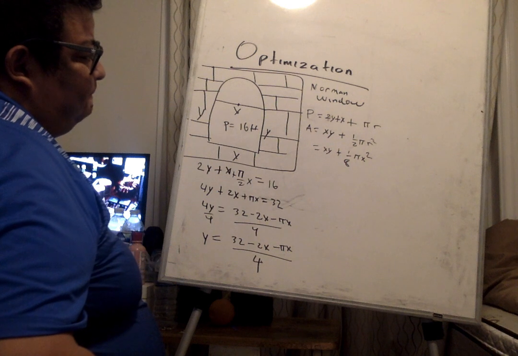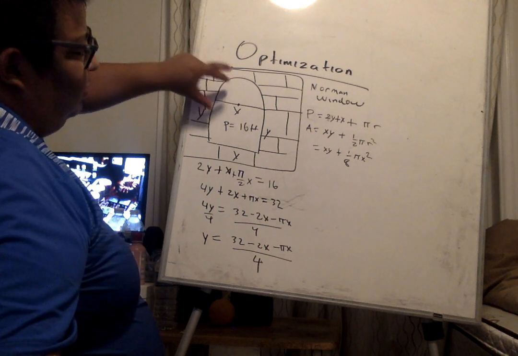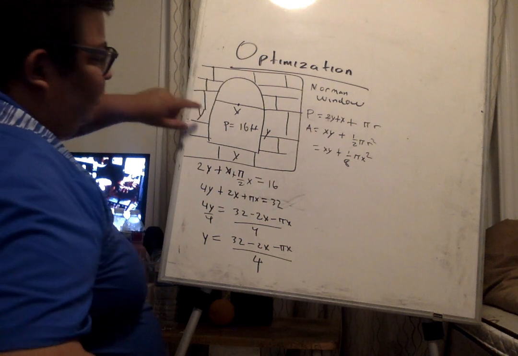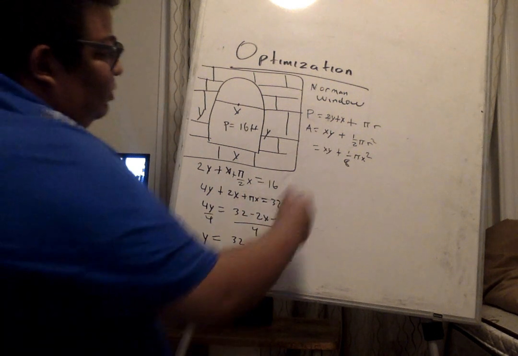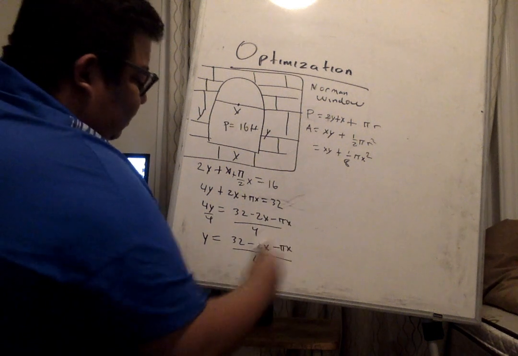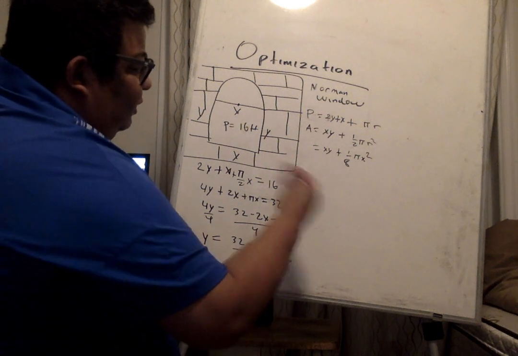Remember, the bigger the window, the better it is. But we need to optimize it. So we're looking for y and x. Here we just plug in our y and then take the derivative.